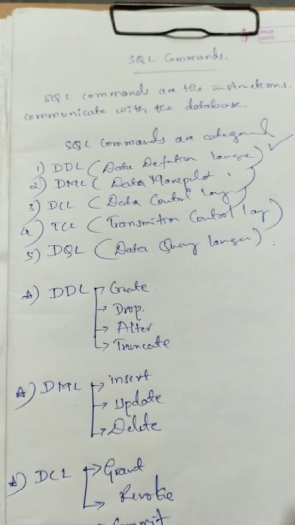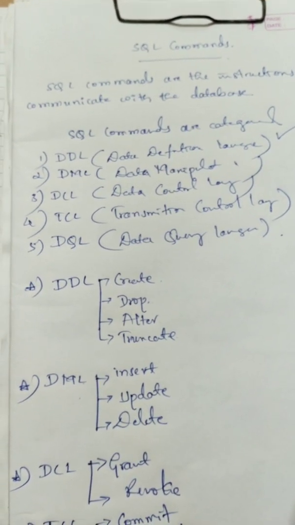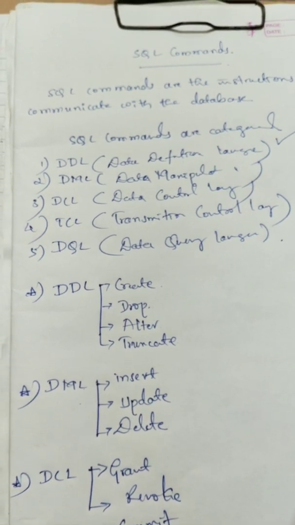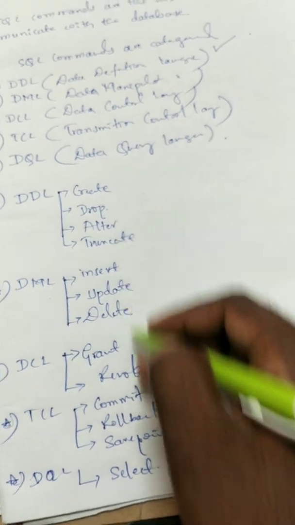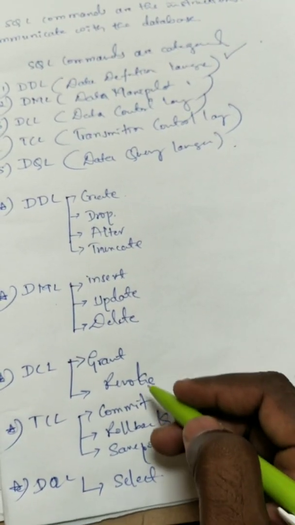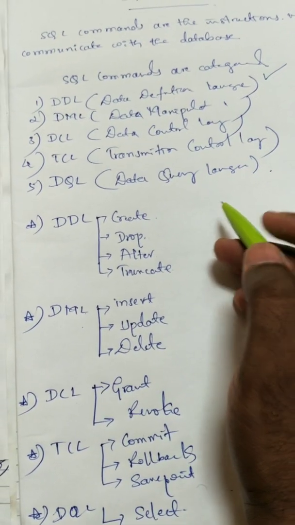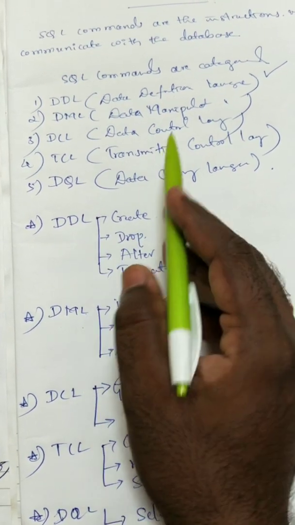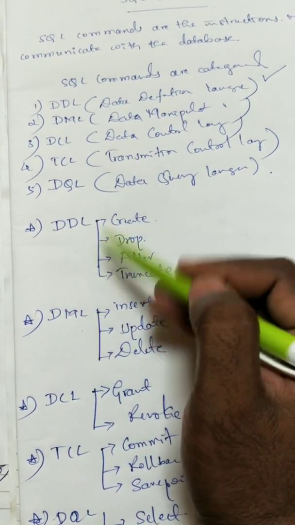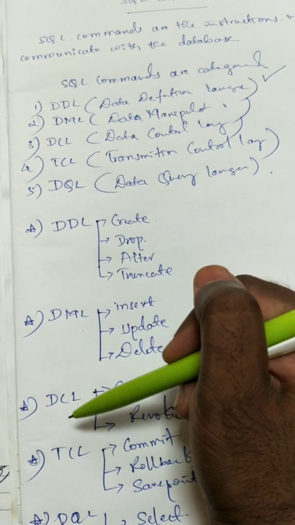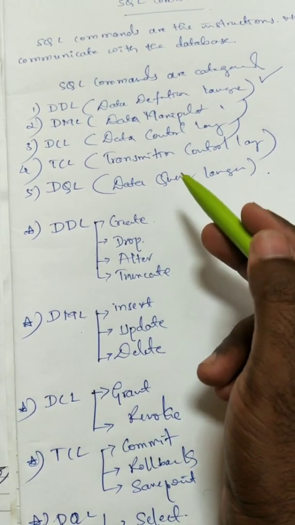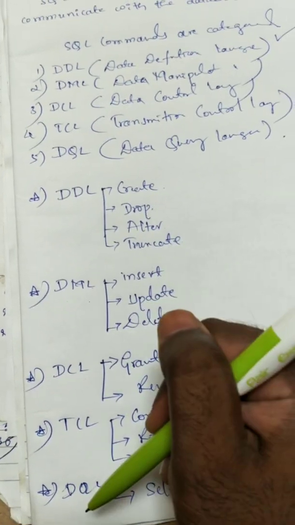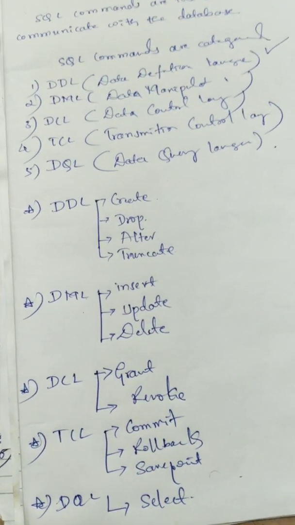So SQL commands are the instructions used to communicate with the database. All the commands are categorized as DDL, data definition language; DML, data manipulation language; DCL, data control language; TCL, transaction control language; and last one DQL, data query language.